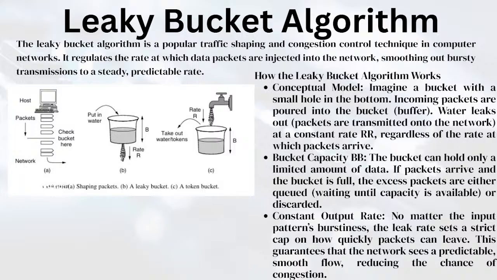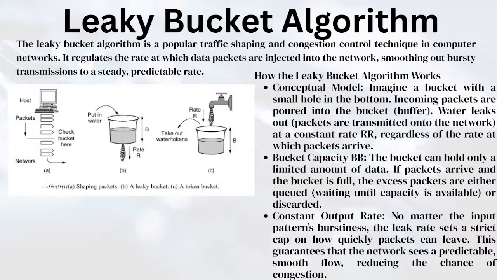If the bucket is full, extra packets are discarded in the leaky bucket algorithm. But if the bucket is full, extra tokens are discarded in the token bucket algorithm. Leaky bucket shapes traffic where a smooth flow is required.